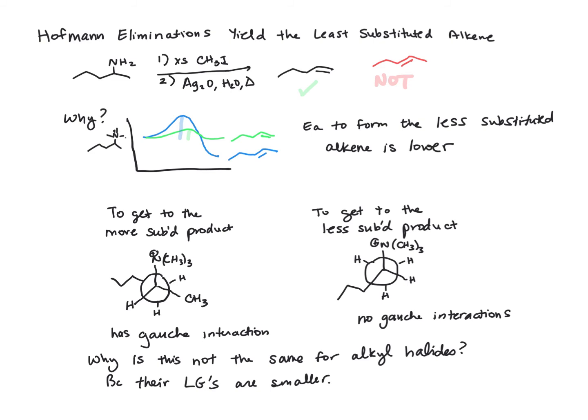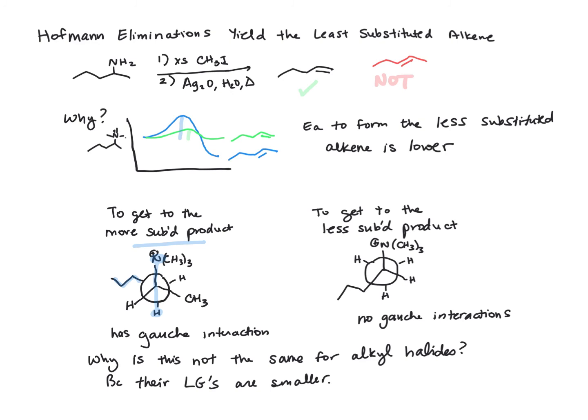To get an idea of why the activation energy is lower for the less substituted alkene, we need to look at Newman projections. To get to the more substituted product, you need to have the compound positioned where the leaving group is antiperiplanar to a hydrogen atom. So that puts the butyl group closer to the amine.